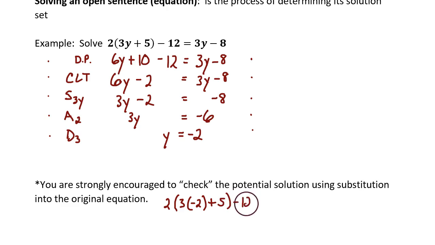Be sure to copy the original equation exactly. Nothing changes except where there was a letter y, we are substituting in negative 2. Now simplify both sides of the equation to see if we get the same result. 3 times negative 2 is negative 6. Negative 6 plus 5 is negative 1.